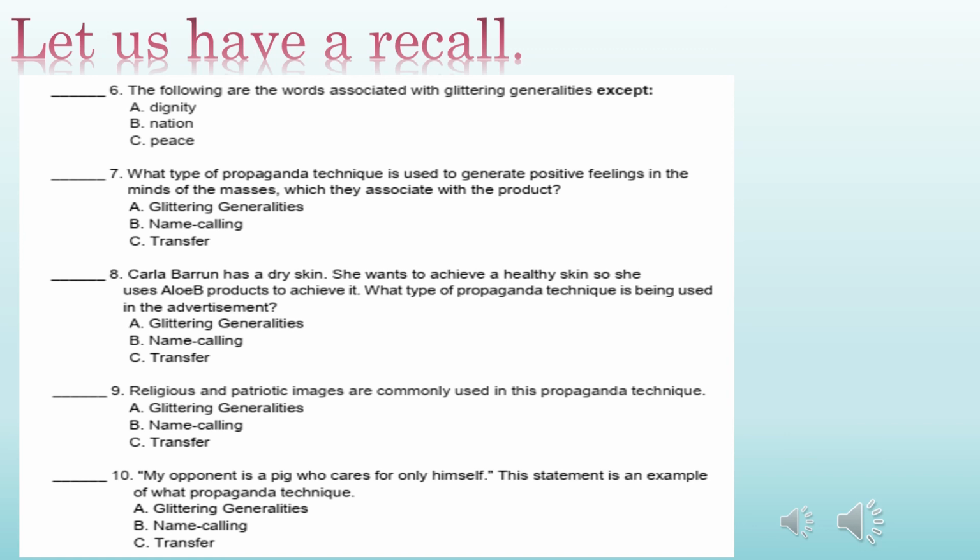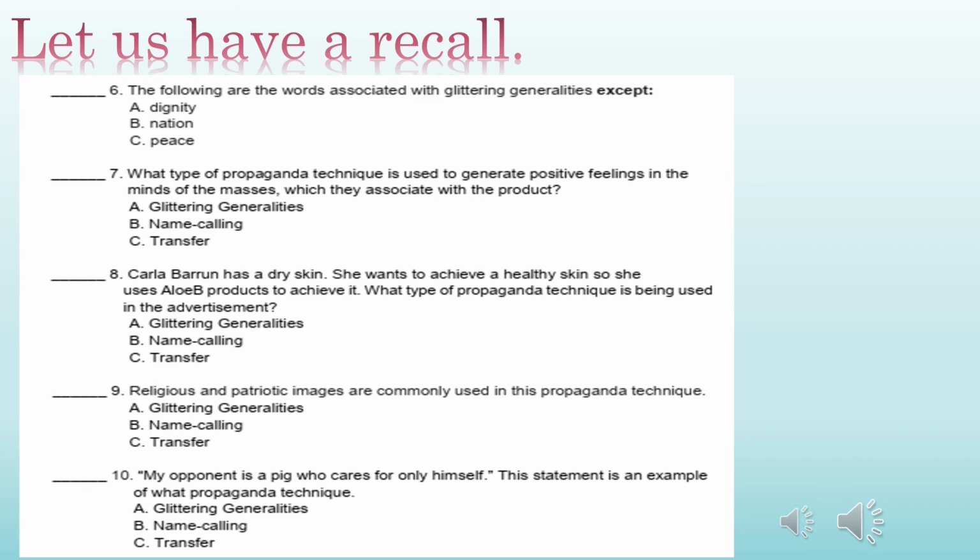She wants to achieve a healthy skin, so she uses aloe B products to achieve it. What type of propaganda technique is being used in the advertisement? What do you think? It is letter C. Why letter C? Because this advertisement uses science. Okay, it uses science to promote the product.